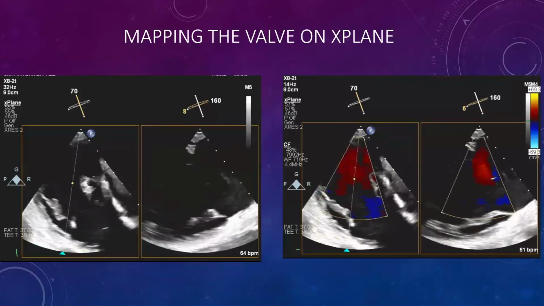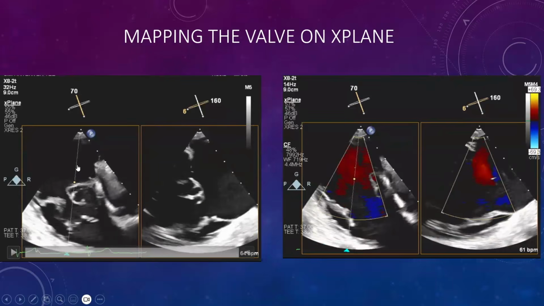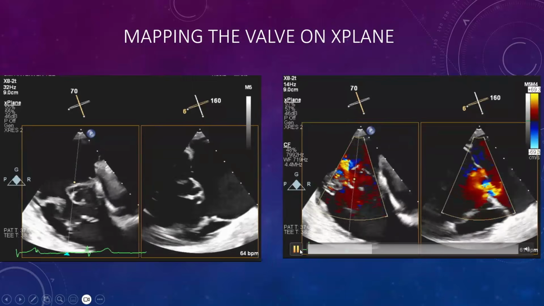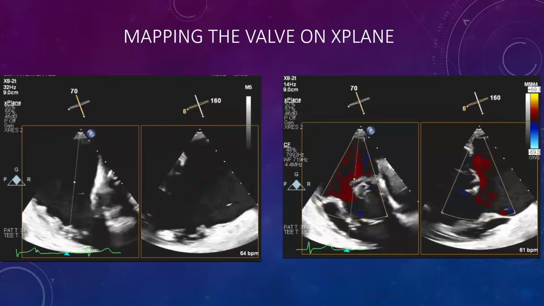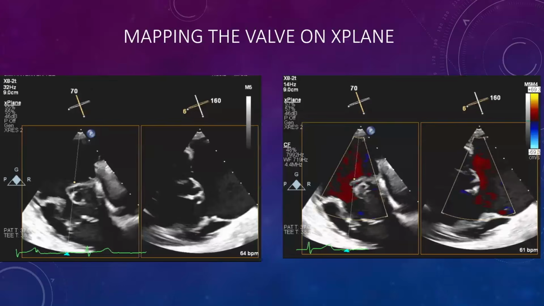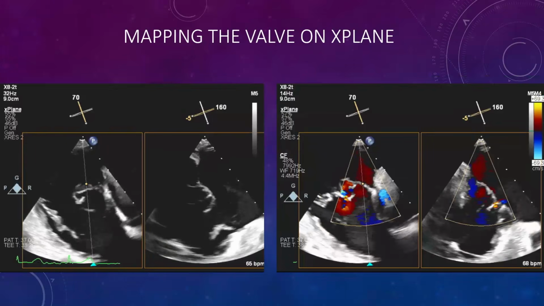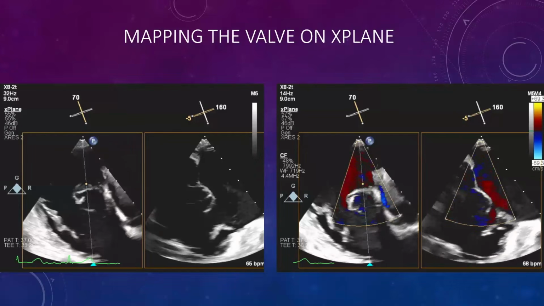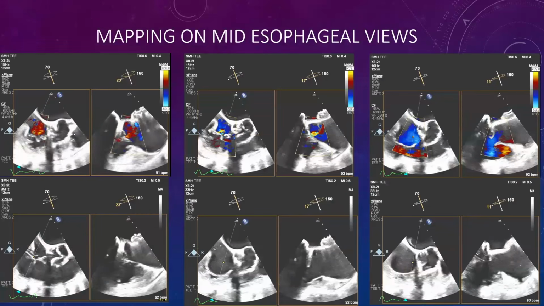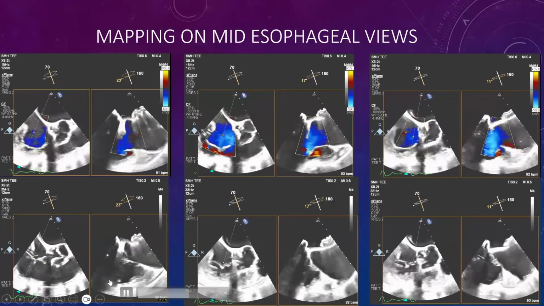Then you can continue to do that as you go more centrally here, and then again you put the color on, and then see where the color jet is coming from, and then again we can go a little bit more anteroseptal. Again, 2D and color. And then we can repeat essentially the same on all of our views here.